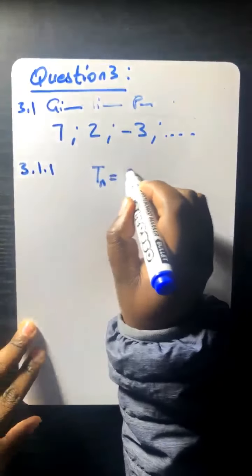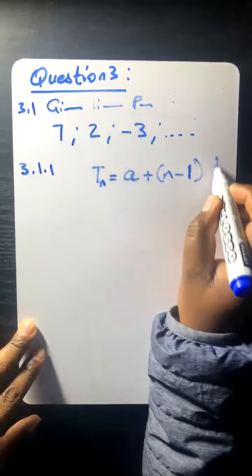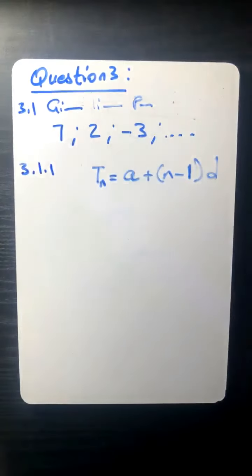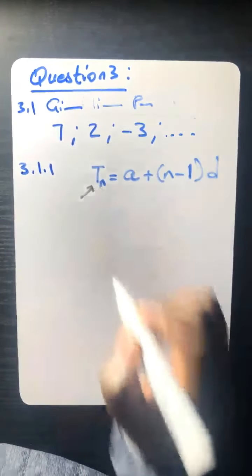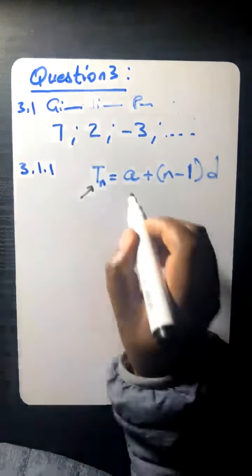Tn is equal to a plus n minus 1 times d. When they say the general term, they are simply saying write that equation in terms of Tn and n. So let's see, what is our a?